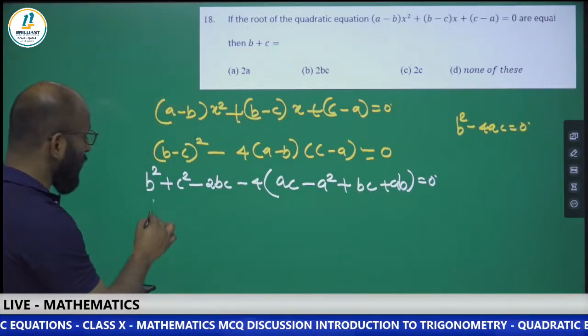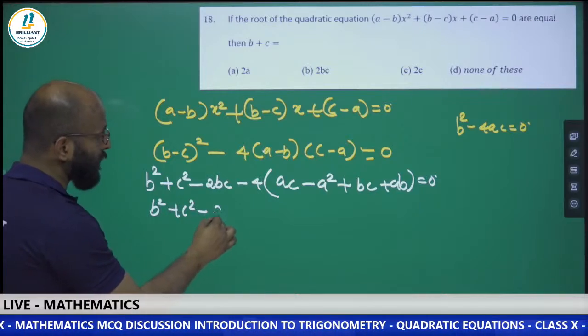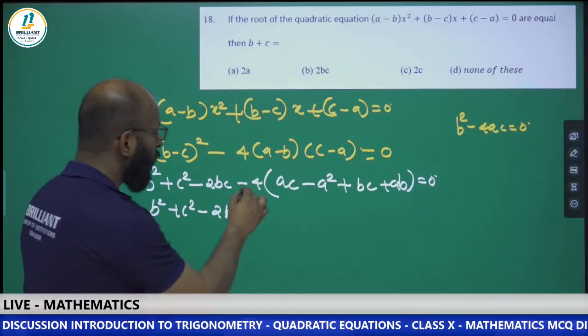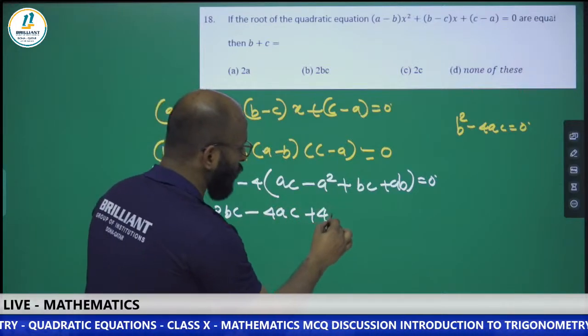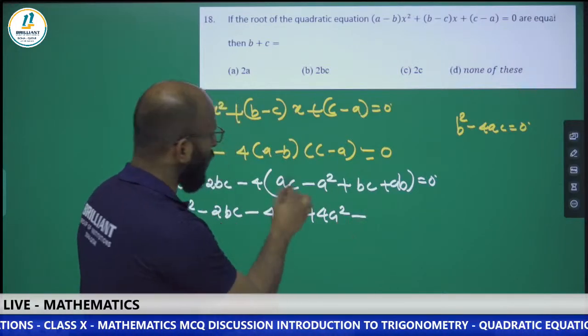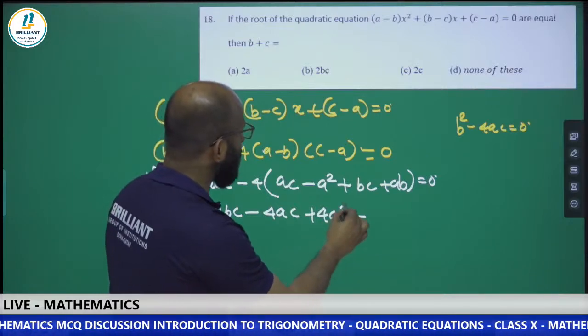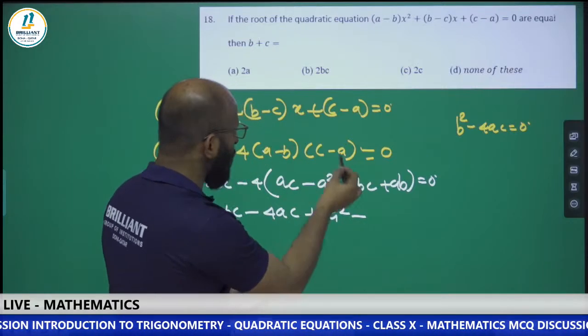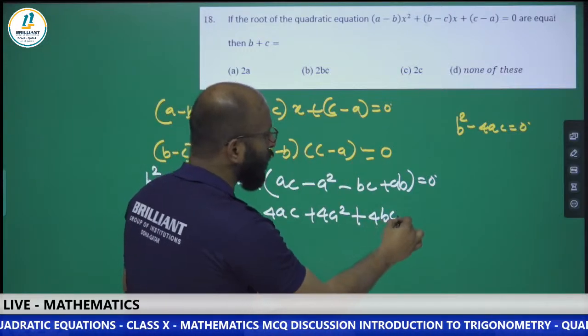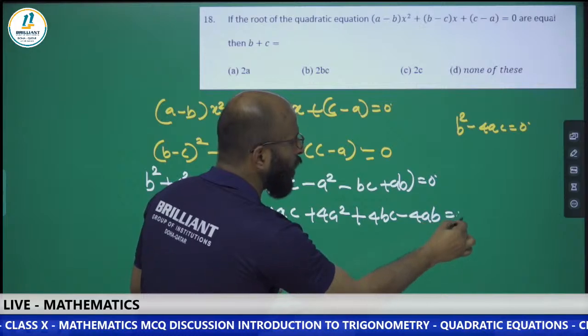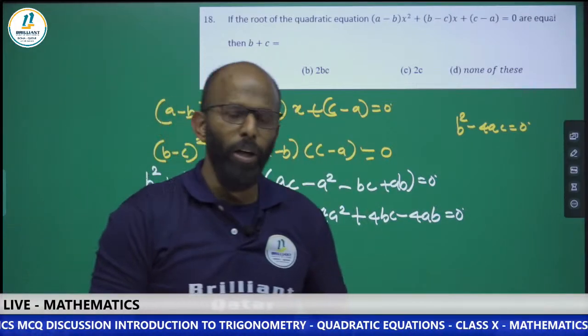So we'll get b square plus c square minus 2bc, correct? Now when you take minus 4 on the right side, minus 4ac plus 4a square, then minus b into c has become minus bc, so it becomes plus 4bc. Then minus into minus, 4ab is equal to 0.